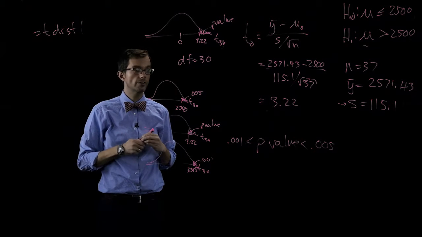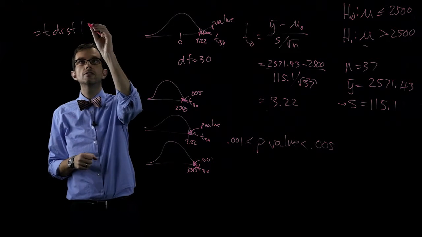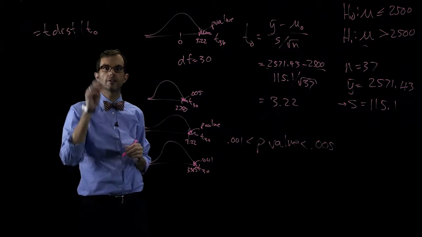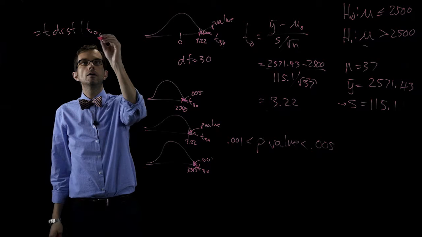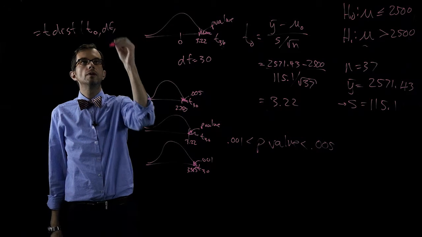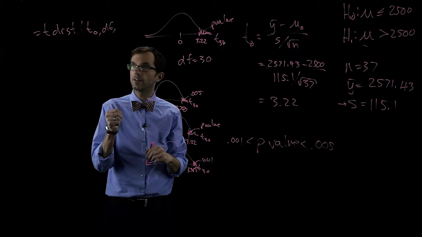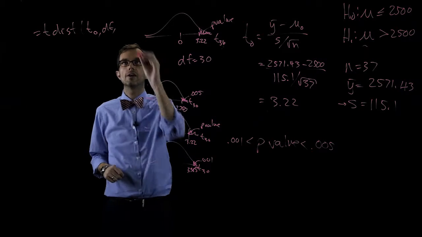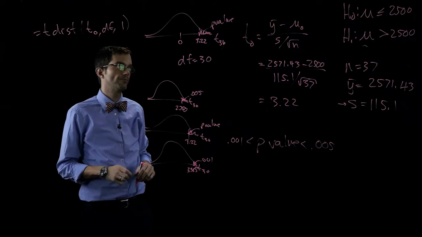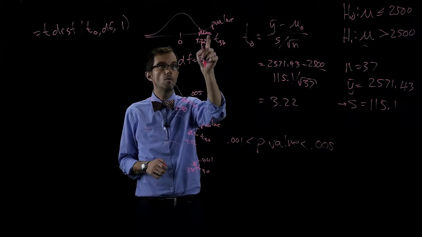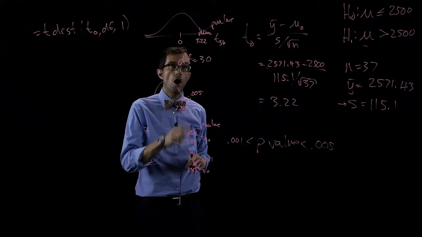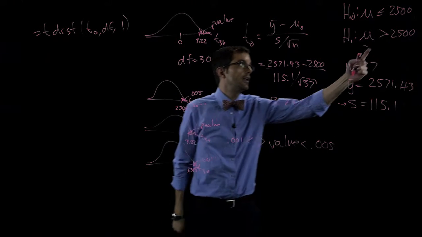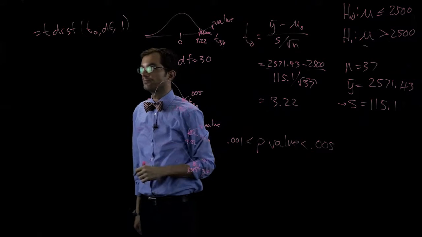It wants the value on the axis, which in this case is our test statistic. Then we read in the degrees of freedom, and we tell Excel whether it's a 1 or a 2-tailed test. We type in 1 because this is a 1-tailed test, with all of our area in the upper tail.